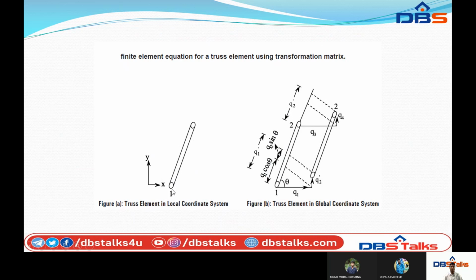Node 1 is the origin at 0, 0, and then there is node 2.